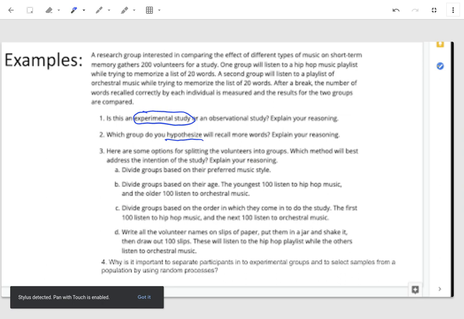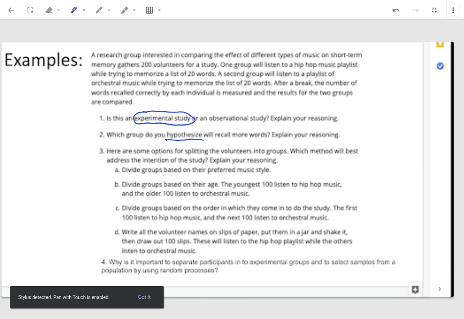Okay. Number 3, here are some options for splitting the volunteers into groups. Which method will best address the intention of the study? Explain your reasoning. So A, divide groups based on their preferred music style. B, divide groups based on their age. The youngest 100 listen to hip-hop music, and the older 100 listen to orchestral music.